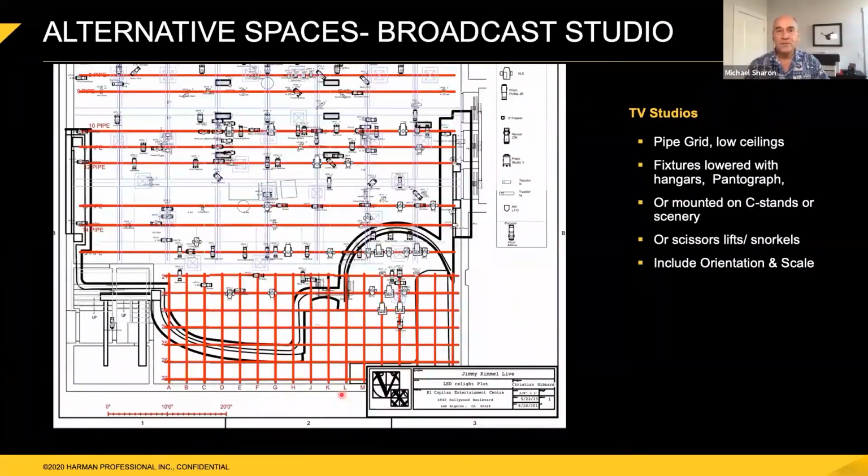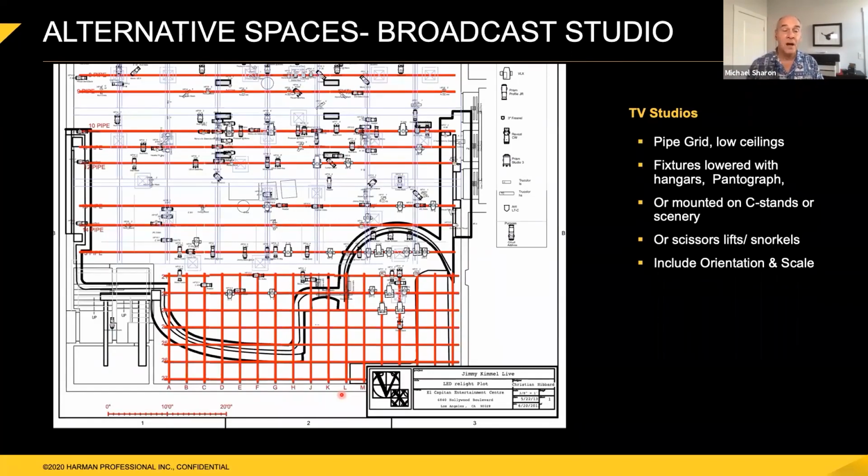Now, what happens when you get into some other weird spaces? Broadcast studios are always nice because there's not a defined space of an audience here, or what is a backstage. It's all based on where the camera is. So ultimately, you've got a completely open space where you can define the space as you want.